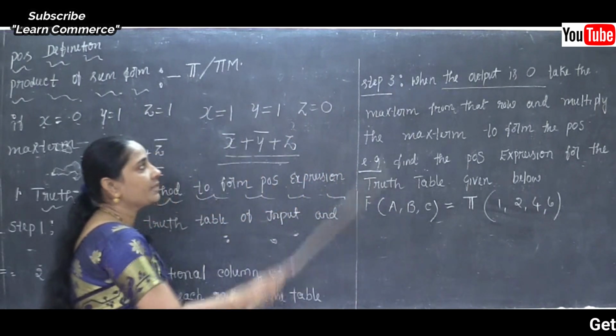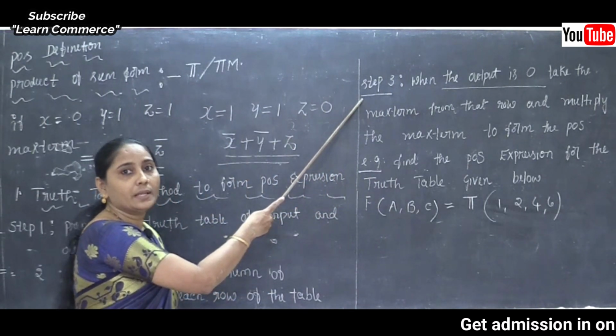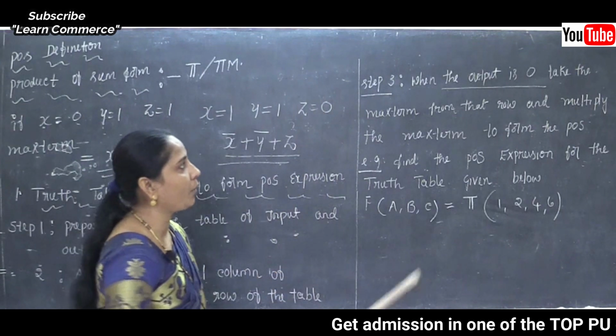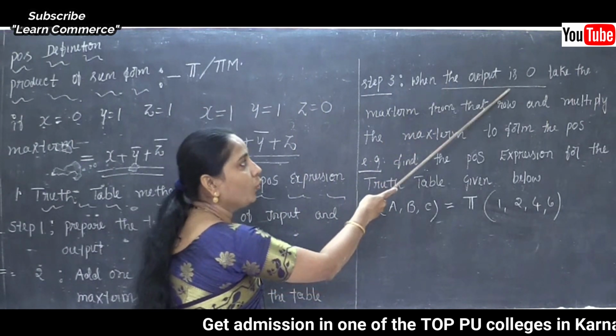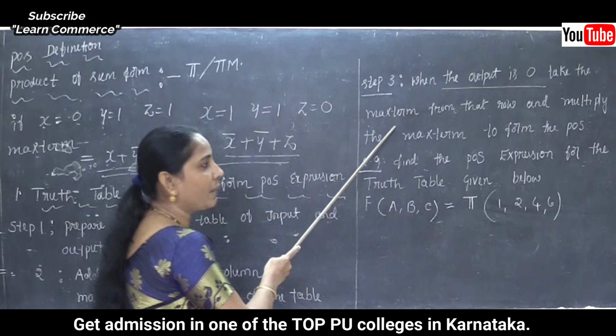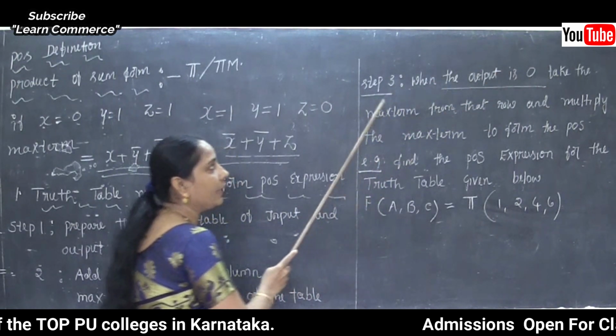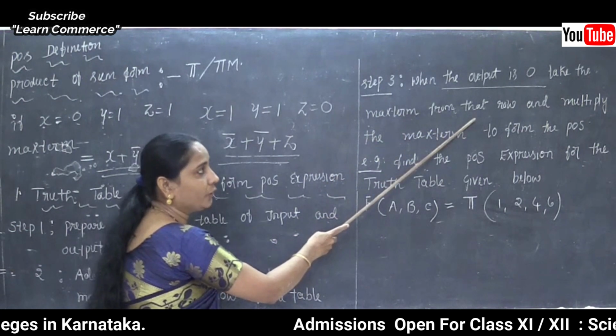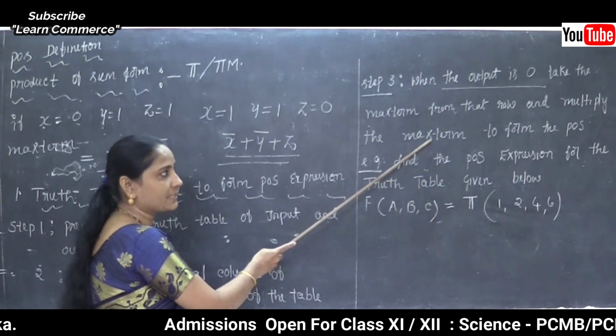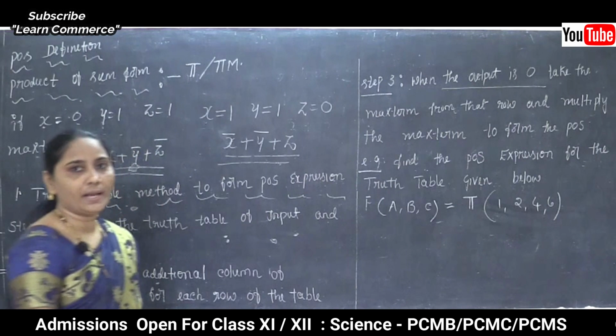And later step 3. In step 3, when the output is 0, take the max term. Clear this point here? When the output is 0, take the max term from that row and multiply the max terms to form the POS. Clear this point?